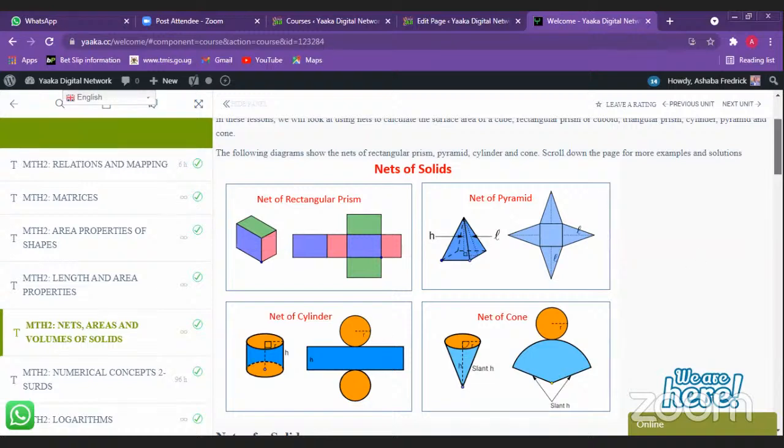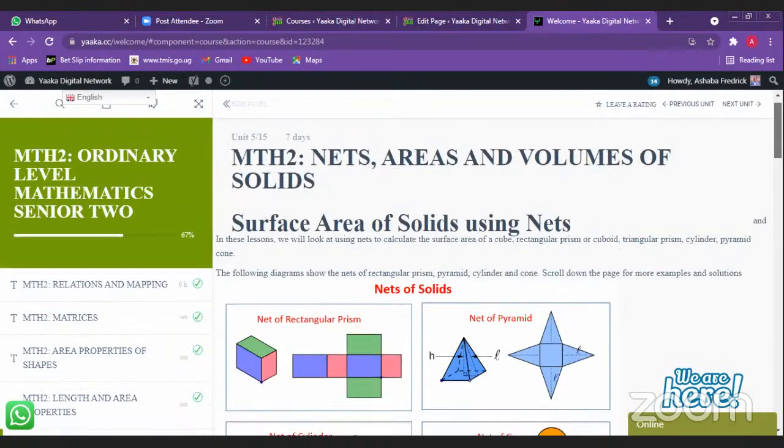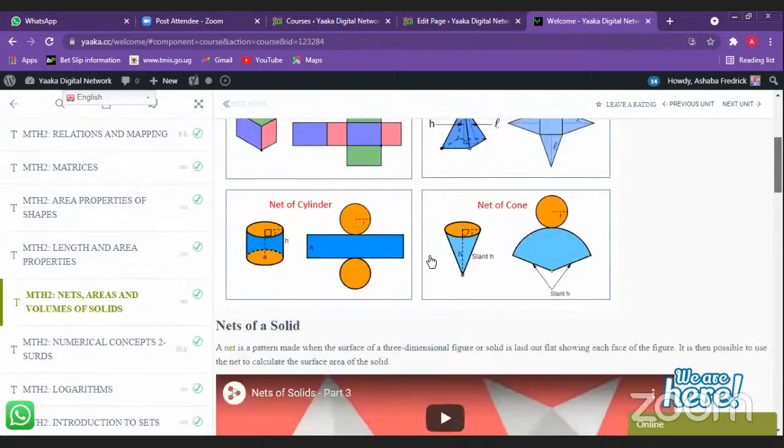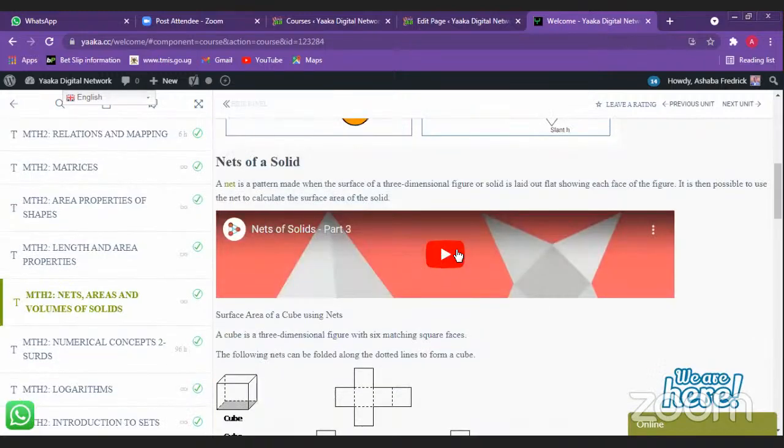So that is what we are briefly talking about. And I said when you get time, you watch these videos that are in this unit to better understand the nets.